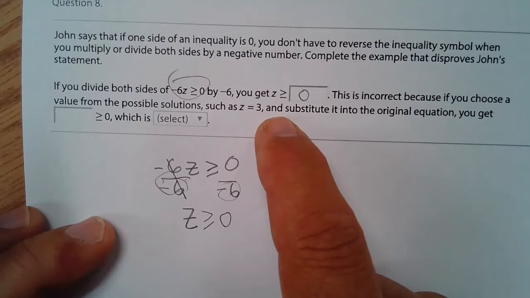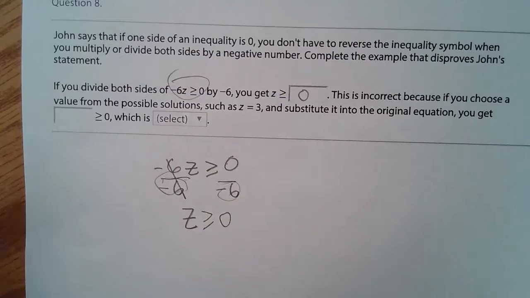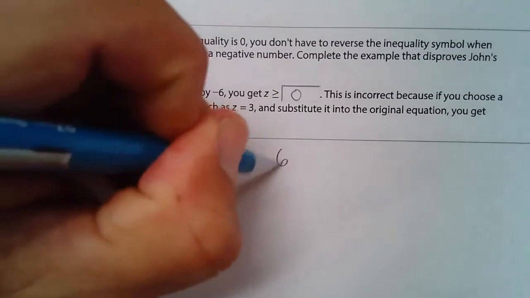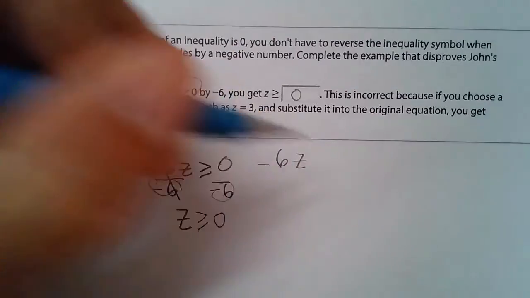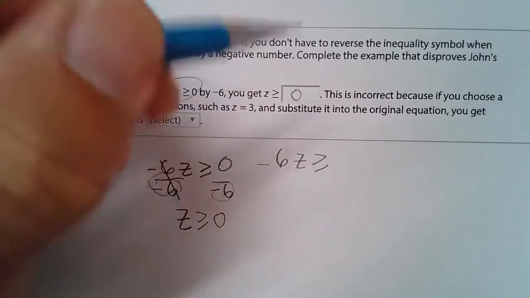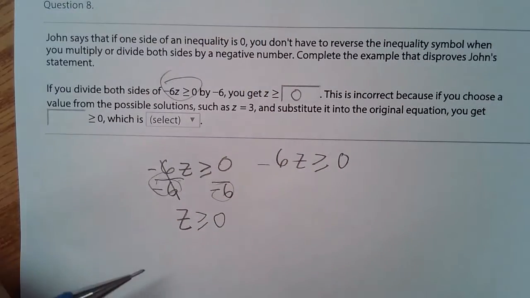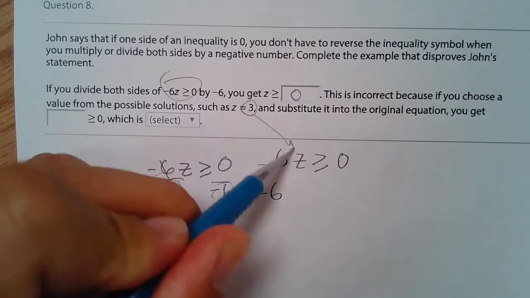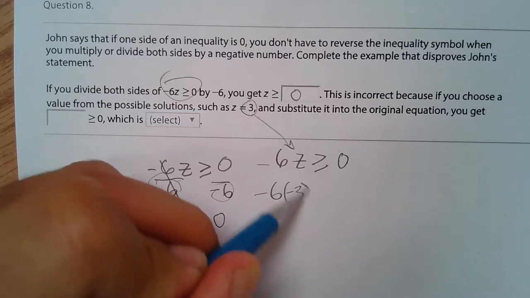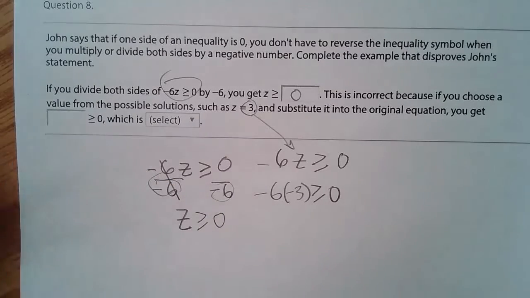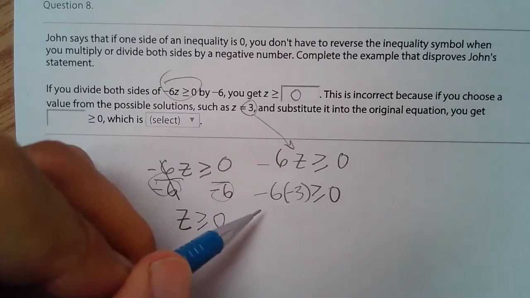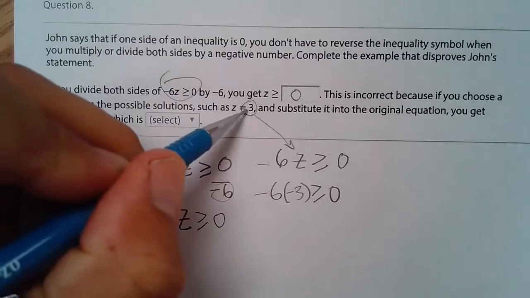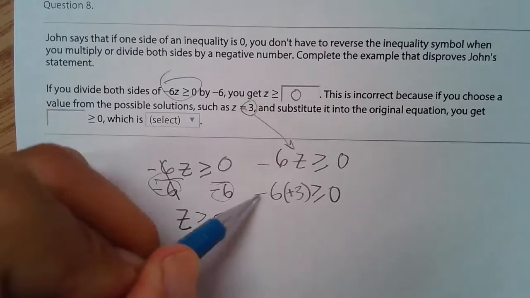So substitute 3 into our original inequality. So our original inequality was negative 6 times z is greater than or equal to 0. And so negative 6 times 3, putting that in for z, is that greater than or equal to 0? We should get a false statement here. Oh, I'm sorry. That's 3, so it should be a positive 3.